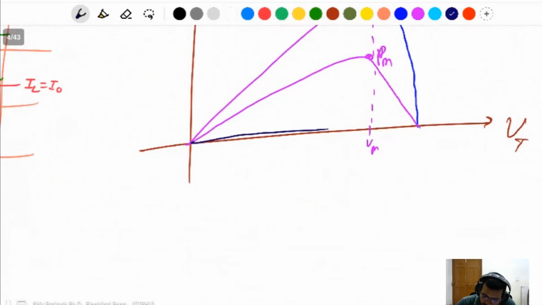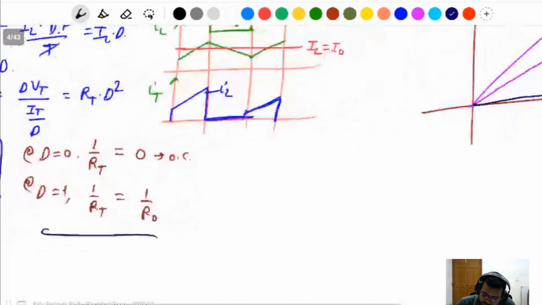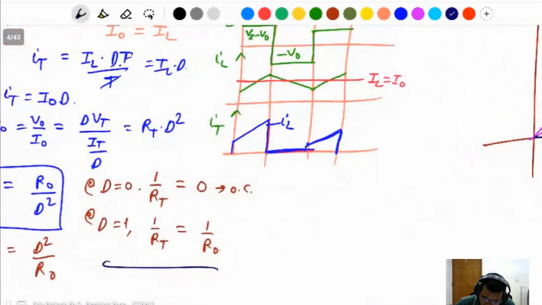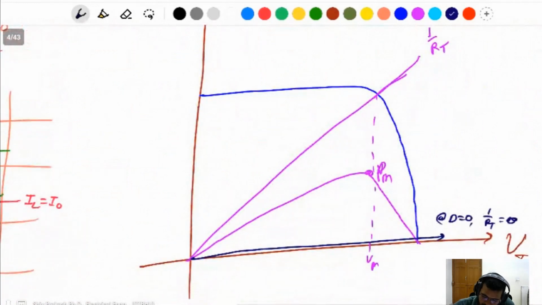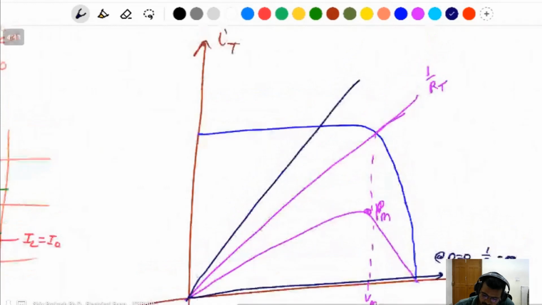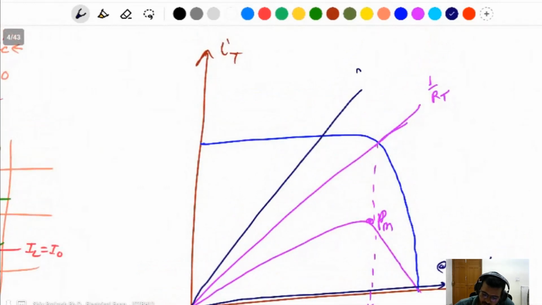It means D is equal to 0 here, 1 by RT is equal to 0, and at D is equal to 1, this will be 1 by RT equal to 1 by R naught. At D is equal to 1, 1 by RT is equal to 1 by R naught.